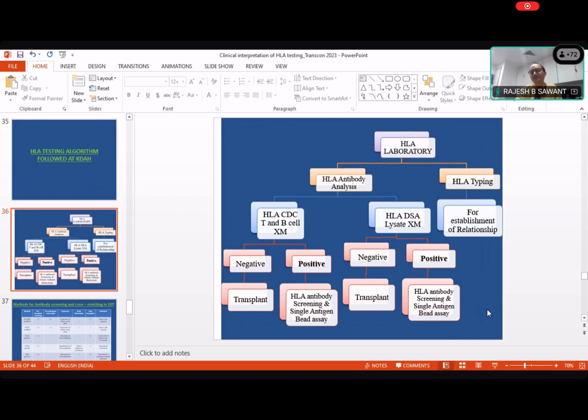And of course, there is a lot of scope because transplant in general is increasing, not only in India, but worldwide. So a good knowledge about immunology, transplant immunology, monitoring, counseling is very, very important.